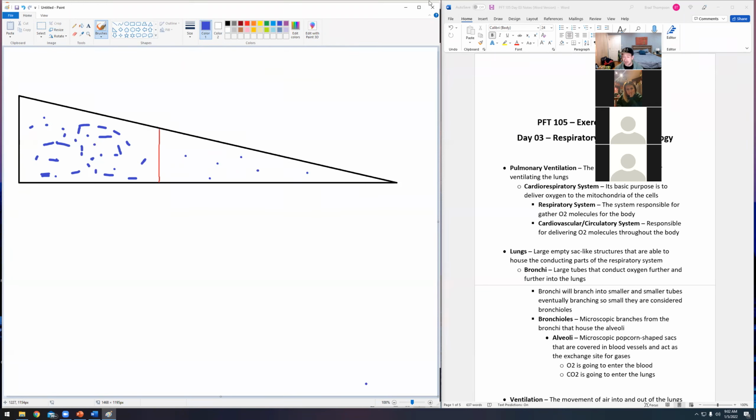Even though there's a wall, as long as that wall isn't perfectly solid, if there are any holes for stuff to squeeze through, stuff will naturally move that way until the concentration is equal on both sides.